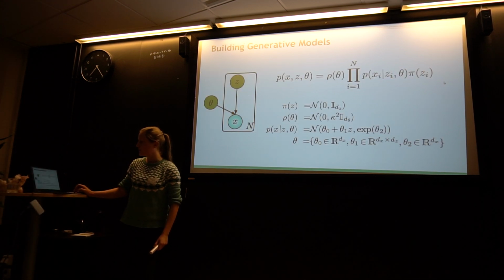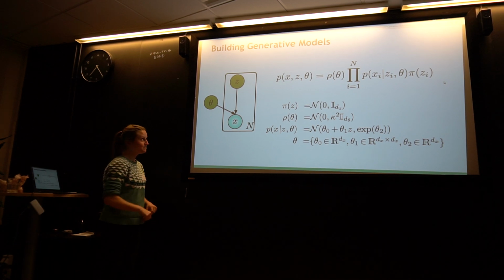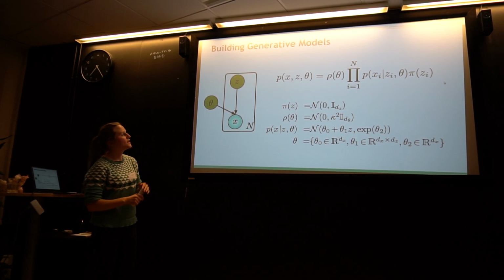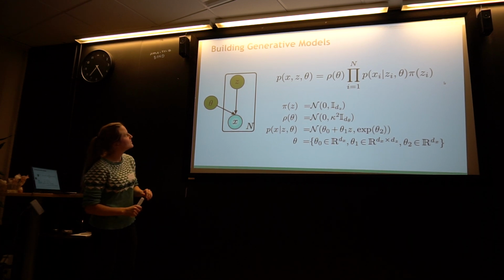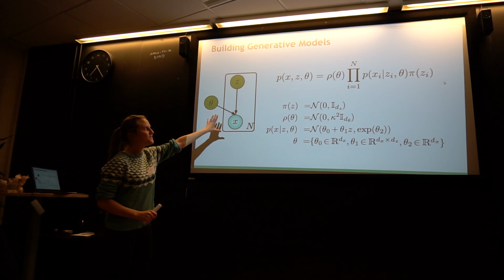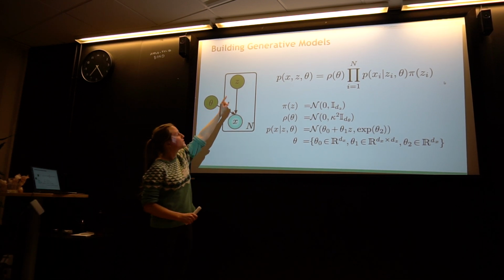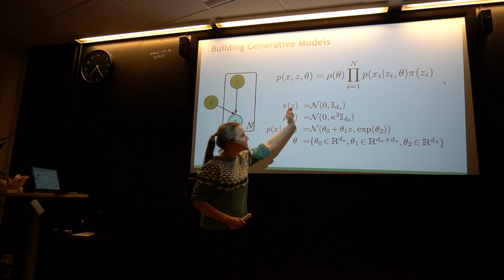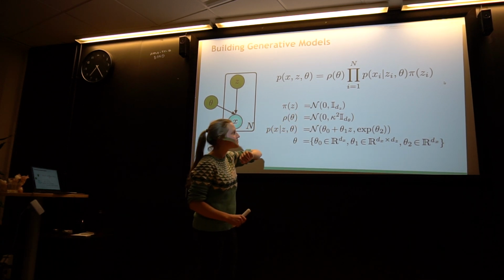Okay, cool. So let's try to build a normal generative model without any neural network stuff. So we start out with the z, which we say is a standard normal distribution.